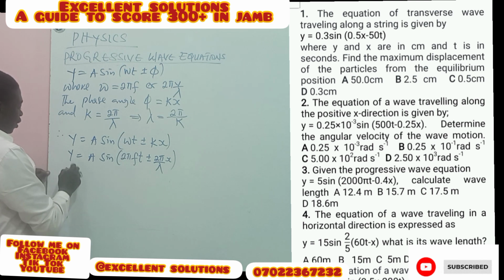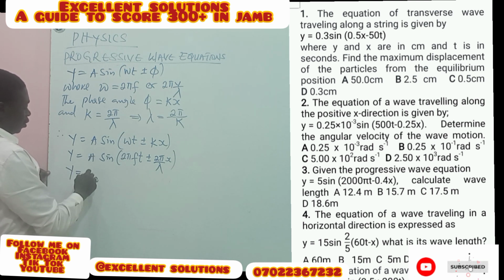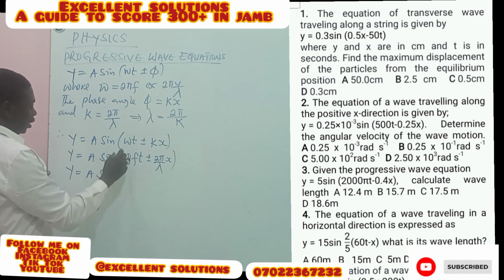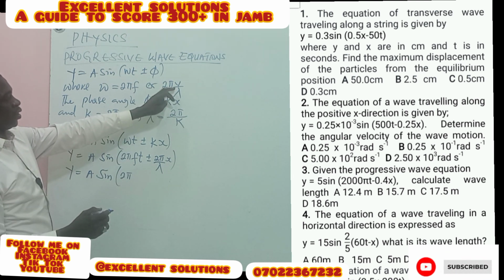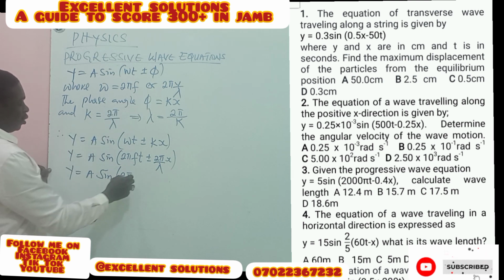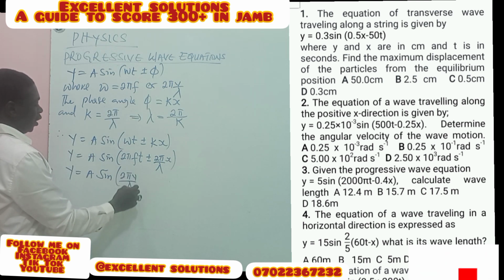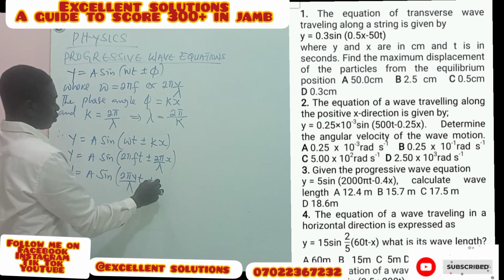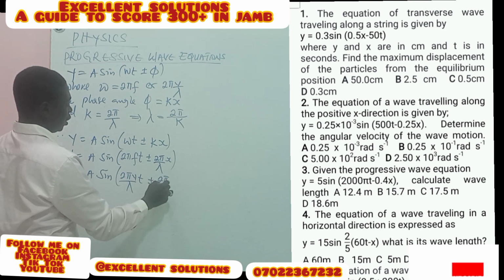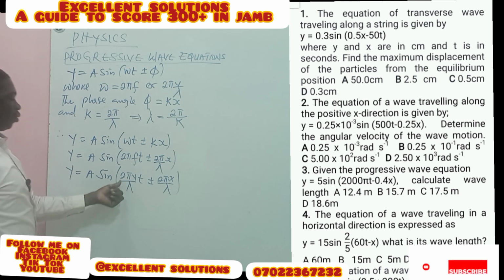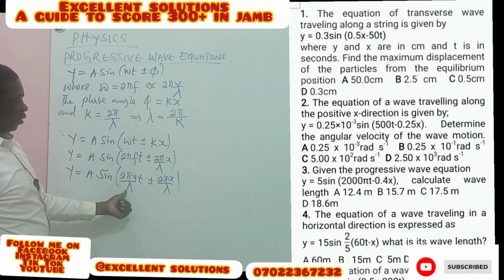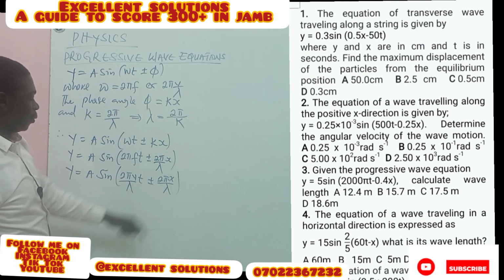And also we can now say this y is also equal to a sine, then we now have 2 pi f, if we use this value for f, 2 pi v upon lambda, then t plus or minus 2 pi x upon lambda. So with this one, we can now factor 2 pi upon lambda out.